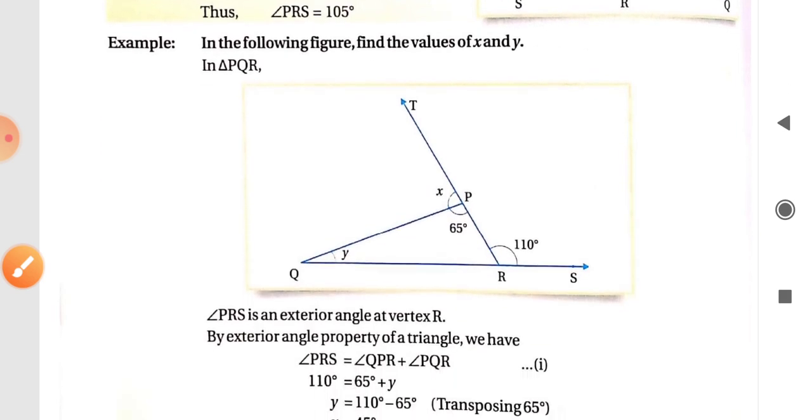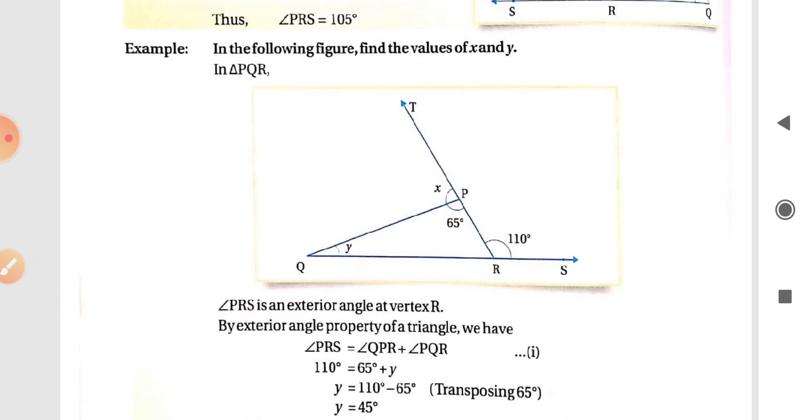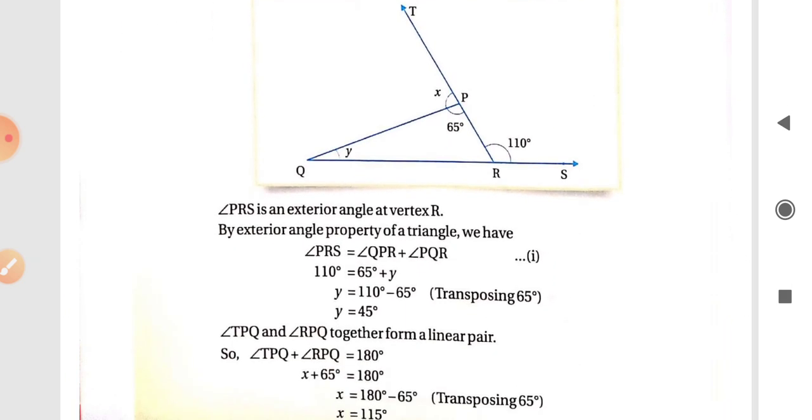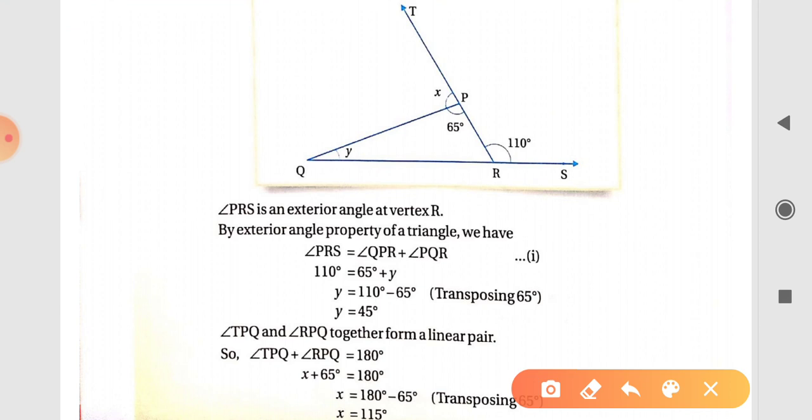Next example is in the following figure. Find the values of x and y. We are given this figure and we have to find the values of x and y. In this figure there is a triangle PQR, and we are given that angle QPR is 65 degree and angle PRS is 110 degree, and we have to find angle x and angle y.